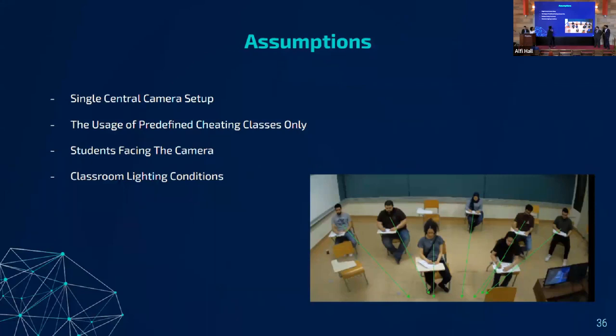We also asked the students to act based on the four defined classes that we discussed in the previous slide. We also asked the students to have their bodies facing the camera, like the image that you can see. We also assumed that the lighting conditions were stable and normal, similar to a normal classroom like here.